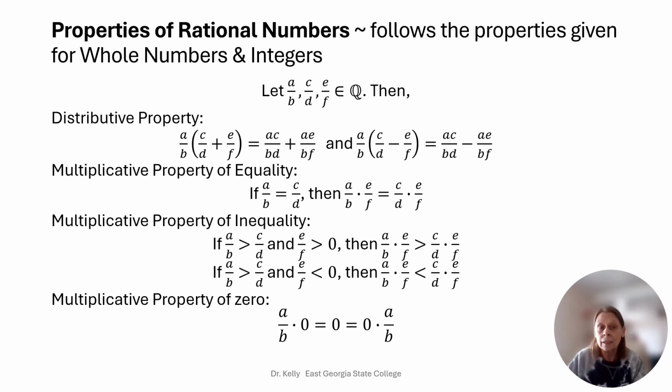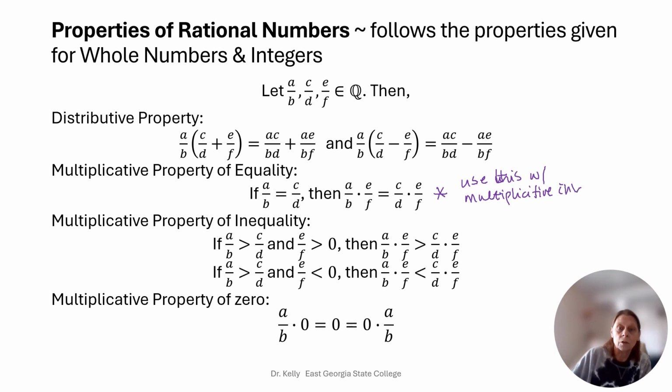The multiplicative property of equality, when you know that two rational numbers are equal to each other, then if we multiply the same number on both sides, it's still going to be equal. We'll use this in conjunction with multiplicative inverses to solve problems.